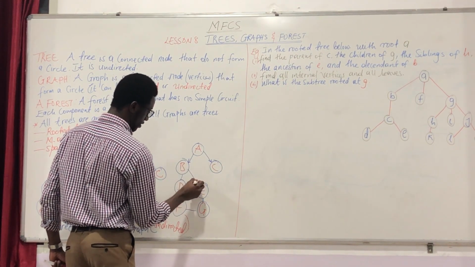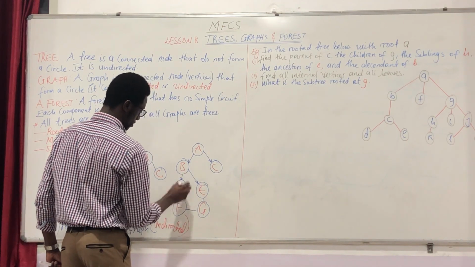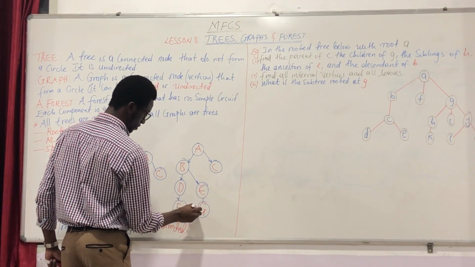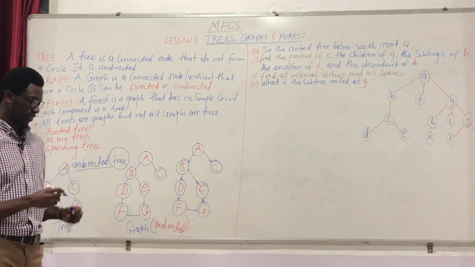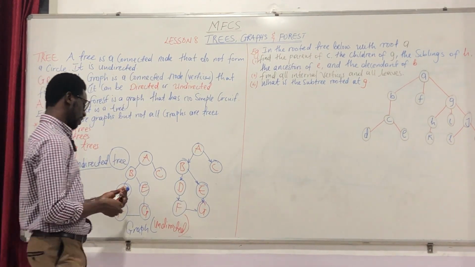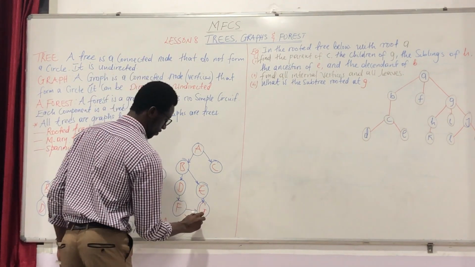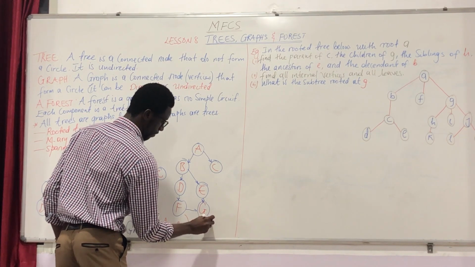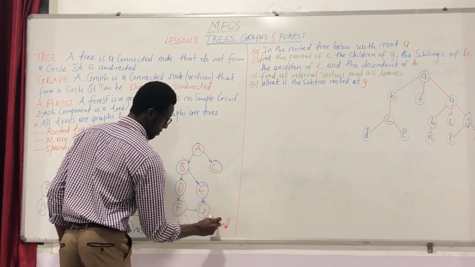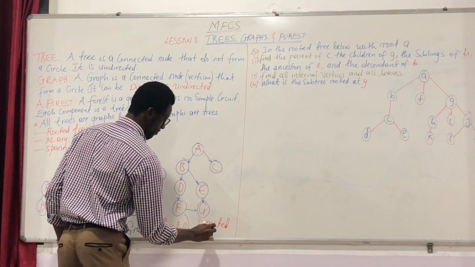You can see the arrows. The arrow shows the flow of the graph. So for this one, you can say it is a directed graph because it has direction. It shows the arrows. Directed graph.